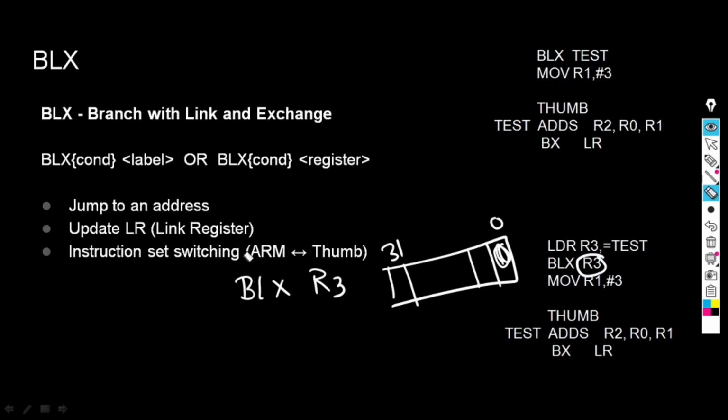In short, BLX, along with performing the two tasks that we expect, that is updating PC and LR, will also perform switching from ARM to thumb or thumb to ARM. That differentiates it from the instruction BL.